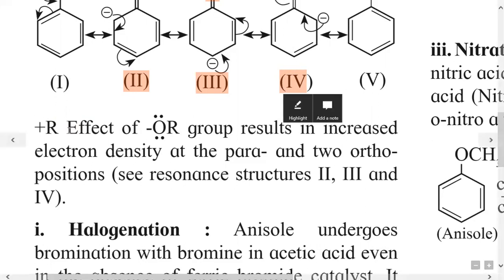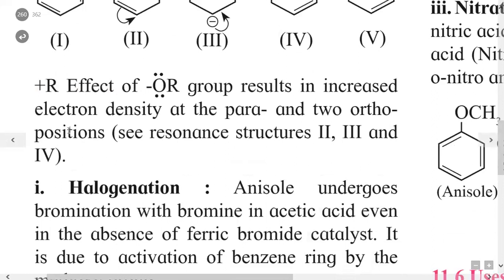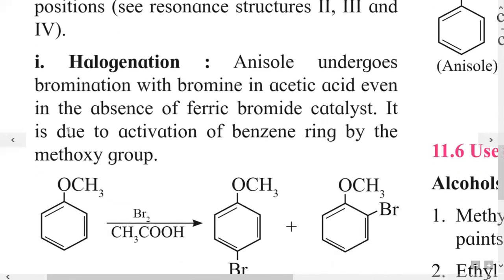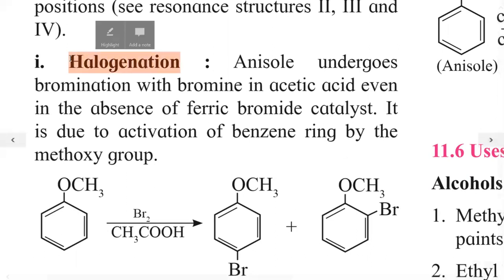In this way, aryl alkyl ethers are more reactive at ortho and para positions, and they undergo electrophilic substitution reactions. So the first electrophilic substitution reaction is halogenation.